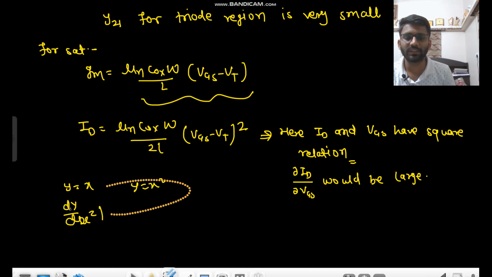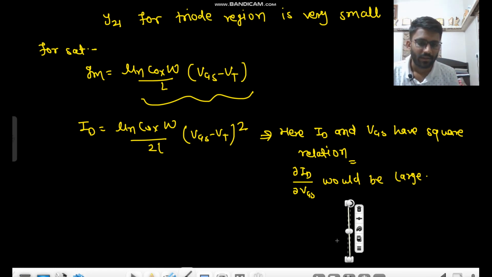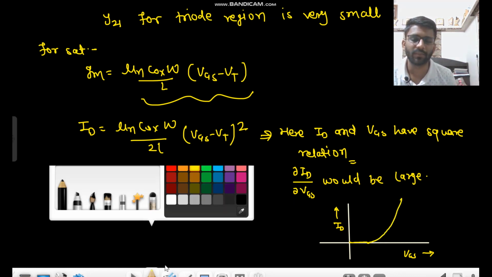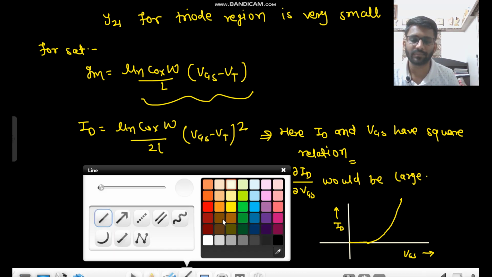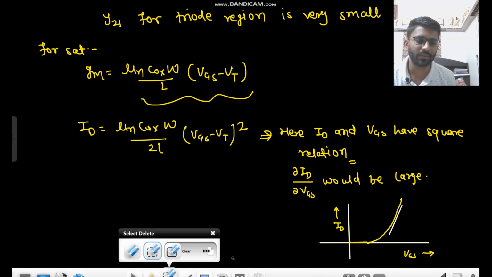Or how you can see it is, in the ID versus VGS curve, this is ID and VGS, right? Del ID upon del VGS is the matter of fact. So if you just consider any point, just consider the slope at this point.